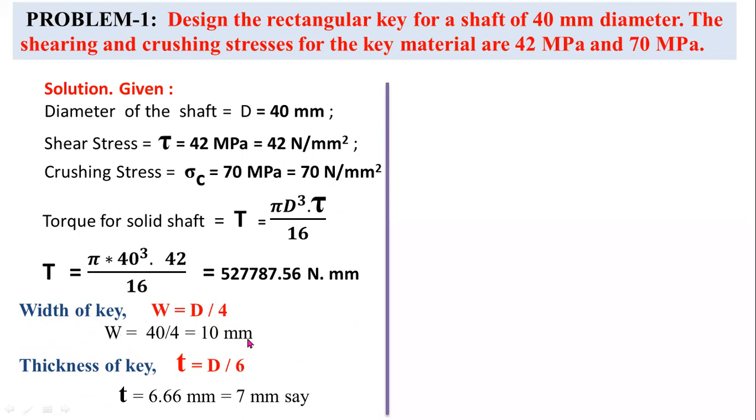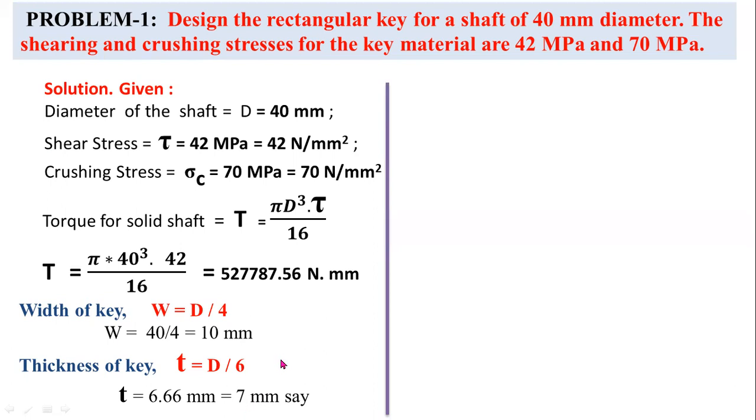The width of the key equal to 10 mm. In a similar way, the thickness of the key T equal to D by 6, D equal to 40 mm. So the thickness T equal to 40 by 6 equal to 6.66 mm, nearly 7 mm. Width of the key equal 10 mm and thickness of the key equal 7 mm.